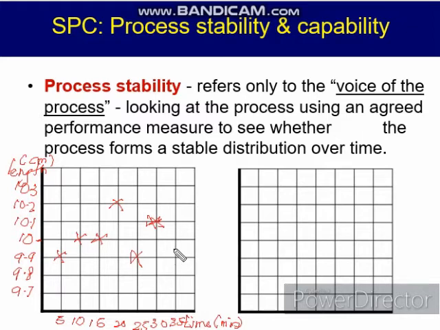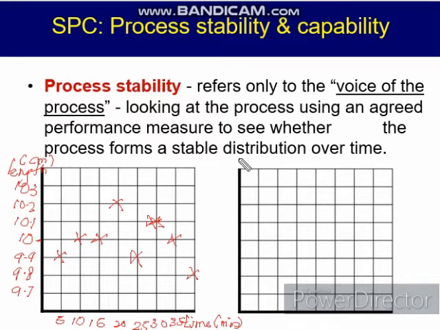At 35 minutes, we go back to 10, and maybe at the 40th minute, it will go somewhere, not sure, maybe somewhere here. So basically, you keep on collecting this data, and based on the variability of this data, you need to analyze it to see whether it forms a stable distribution over time or not, right?